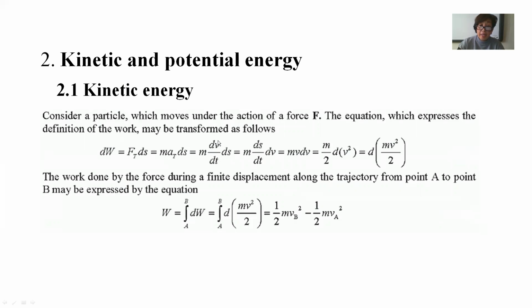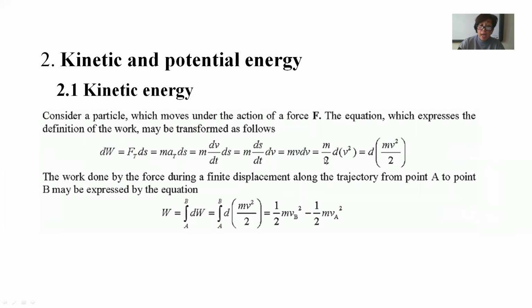Here, velocity is the first derivative of position with respect to time, v equals ds divided by dt. The final formula is mass multiplied by velocity multiplied by dv. This is the elementary work.